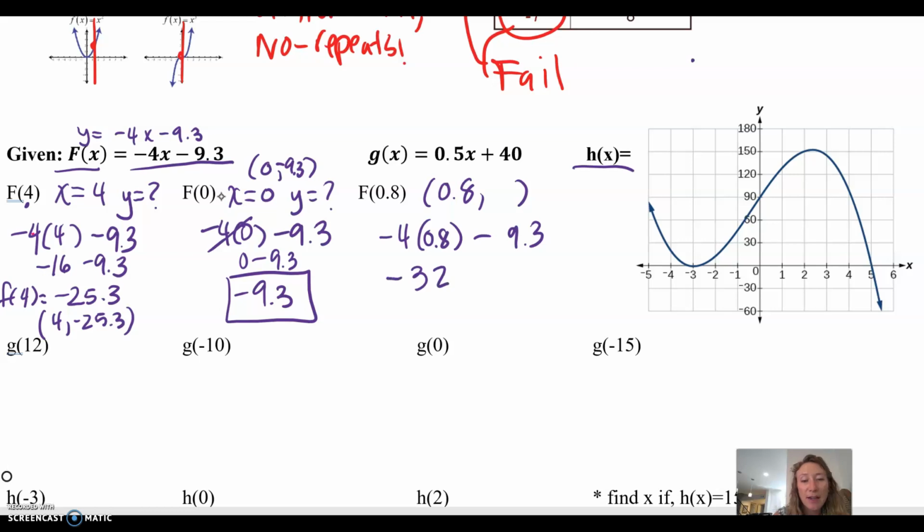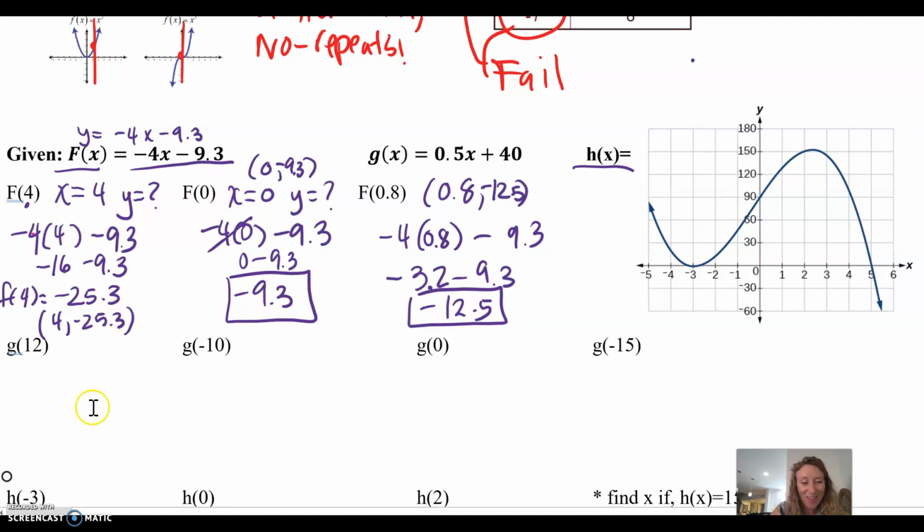It's going to be negative, and it's going to have one decimal place. Then minus 9.3, those are both negative, so I add and keep the sign the same, and I get negative 12.5 as my answer. And what does that mean? Well, that's the y value that I get out when I plug in 0.8. And so it really represents the ordered pair 0.8 comma negative 12.5.